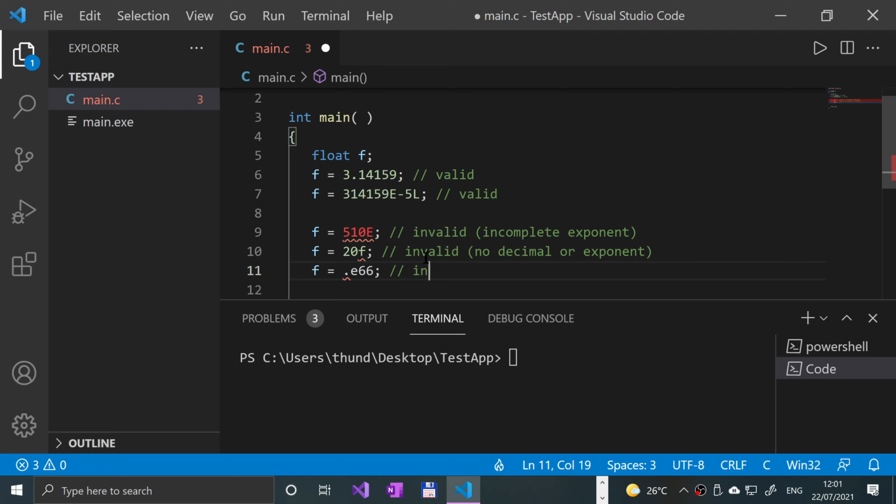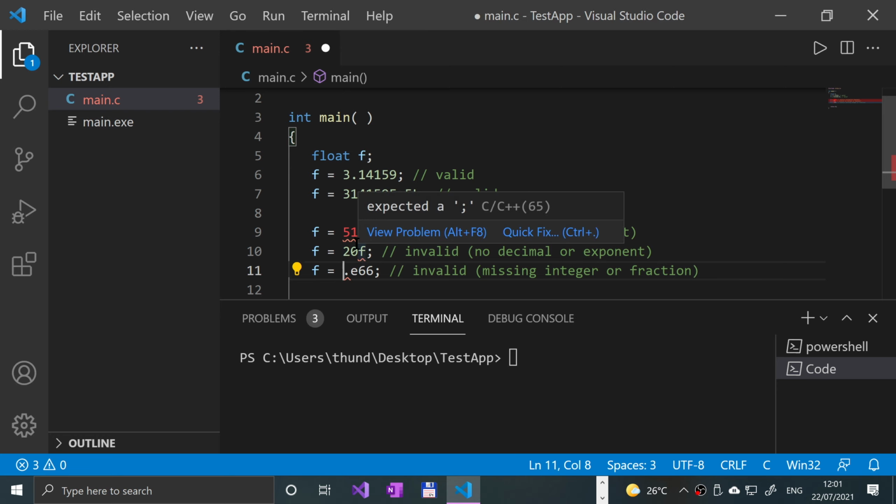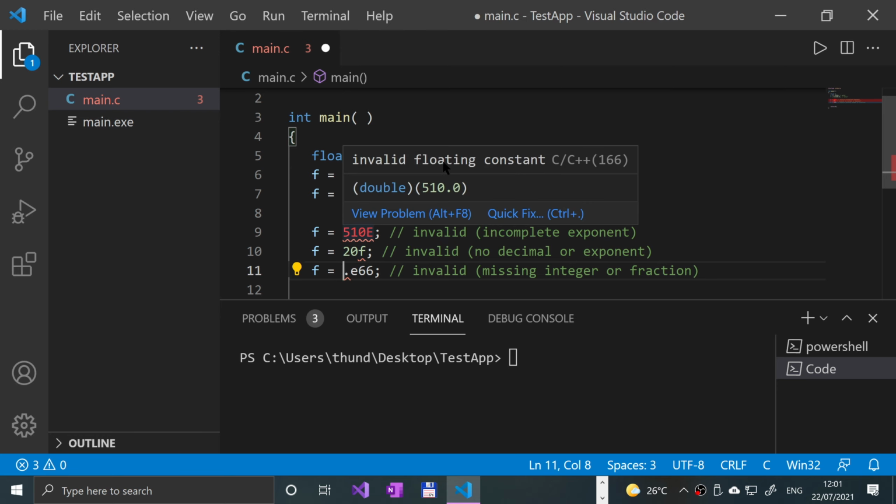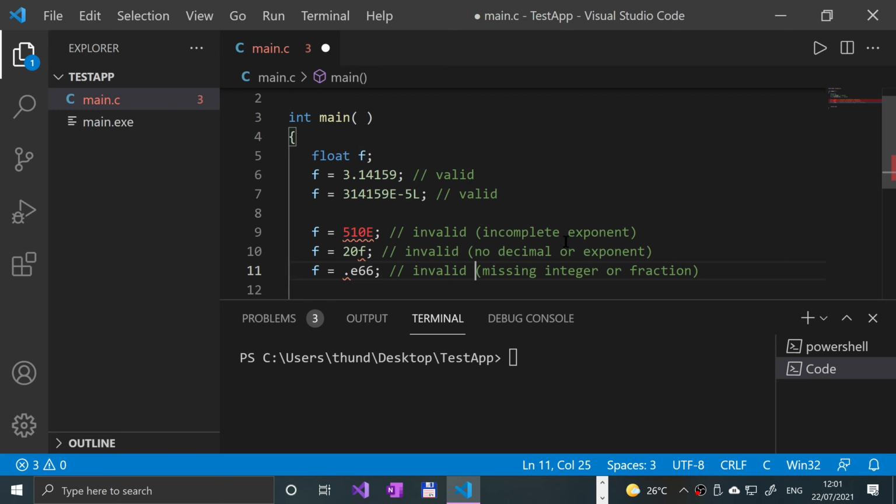Again, this is also invalid due to there being a missing integer or a fraction. If they're missing, then it is also an invalid float literal. Obviously, you can always see what the errors are saying. The errors honestly aren't always going to be that straightforward, whereas this one, I think, was a bit more straightforward compared to the others.